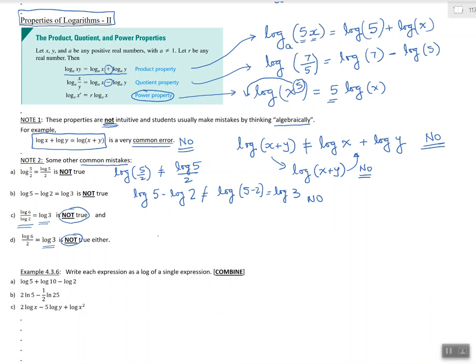In other words, do not think algebraically like in your algebra. Just follow these rules strictly. We'll continue with examples of using this in the next session.